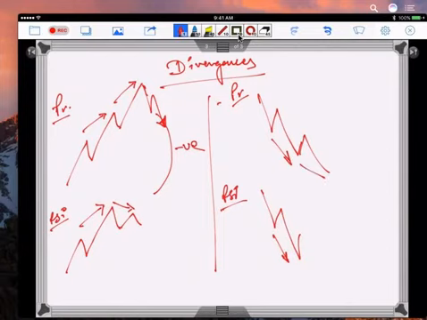When prices make a lower low, we would anticipate that RSI will also make a lower low, but that may not happen all the time. If it does not make a lower low and makes a higher low, then we call this situation a positive divergence, and this leads to a bounce back.